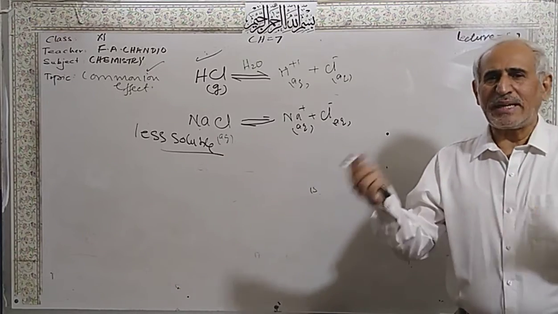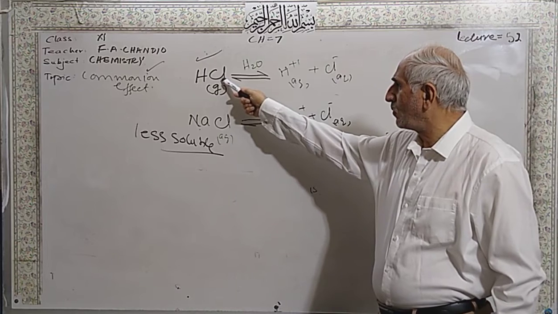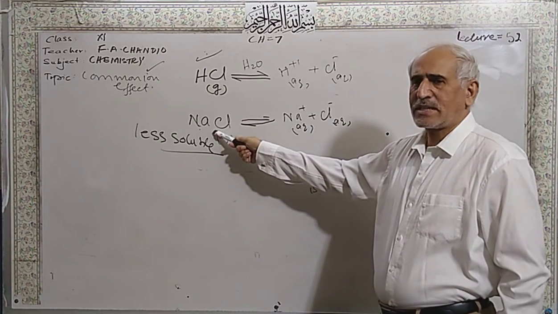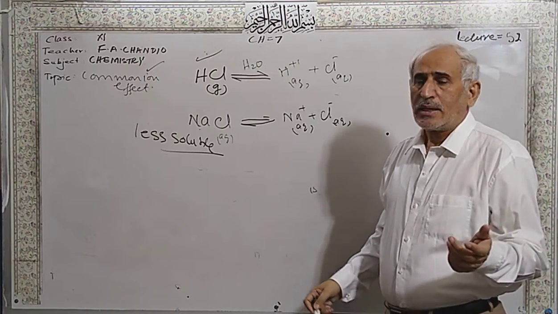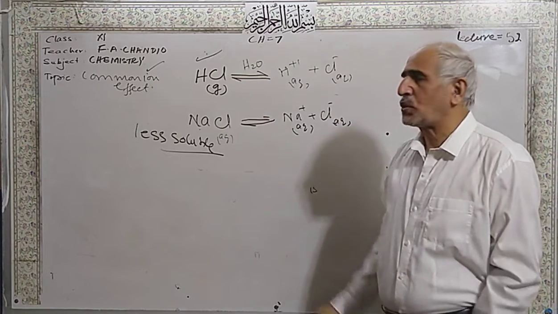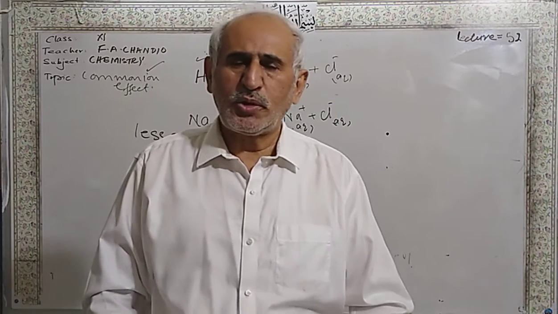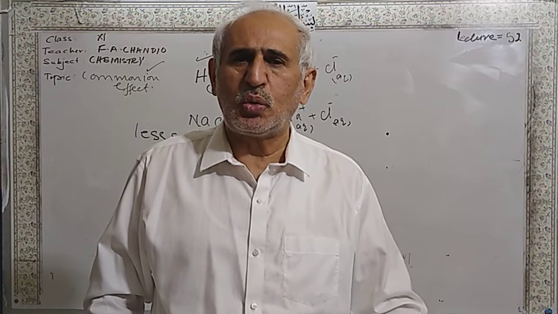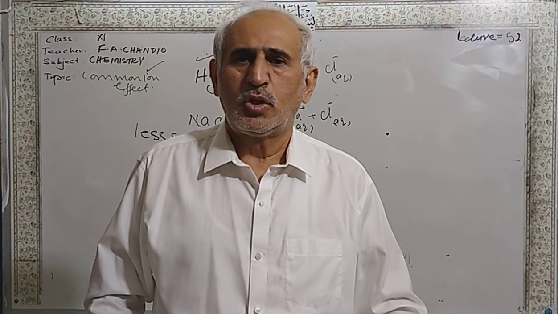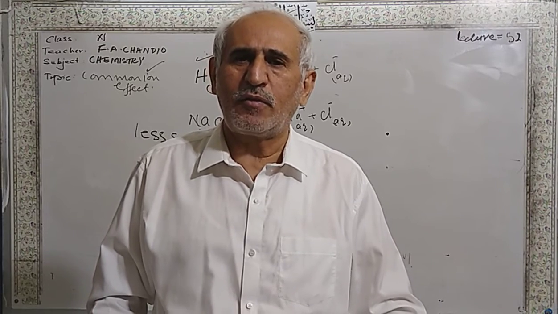So what they do in industry: there is a saturated solution of sodium chloride which contains some impurities. They pass hydrogen chloride gas through this brine, which contains sodium ions, chloride ions and water.